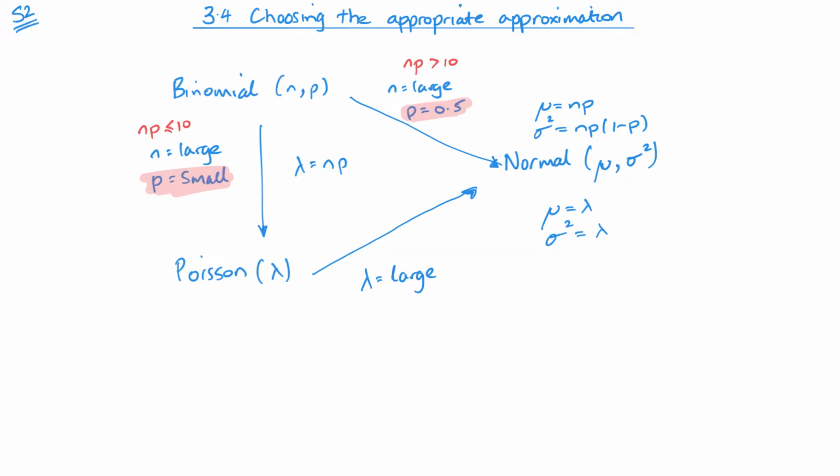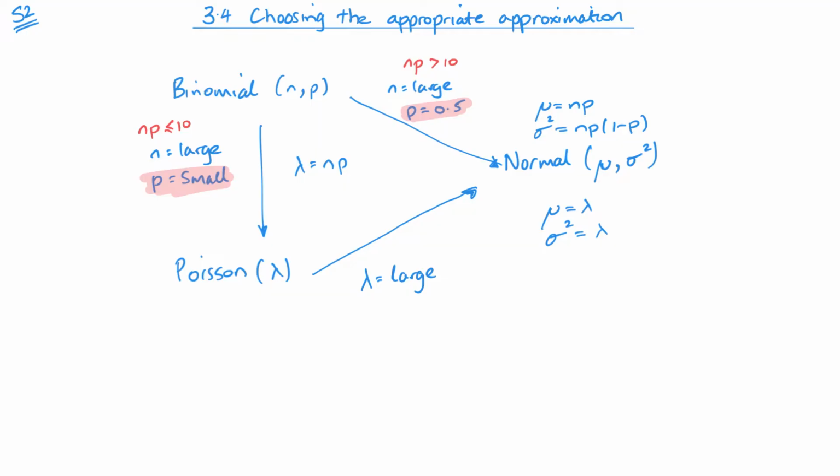So, if you get a value of lambda that is greater than 10 within the question, then it is implying that you're doing a normal approximation there. So that one's quite straightforward. If you've got a Poisson question and it asks you to use an appropriate approximation, your only option is normal.